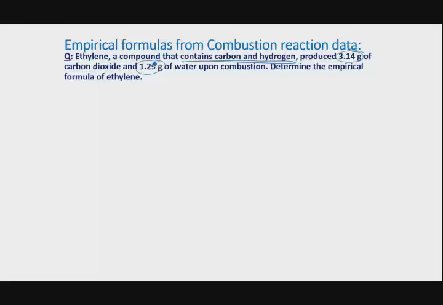So if you remember from the previous slide, if we write an equation, we do not know the subscript x, we do not know the subscript y either, but the compound has only carbon and hydrogen. It reacts with oxygen gas in the air when it's burned, when it undergoes combustion, to make carbon dioxide and water.